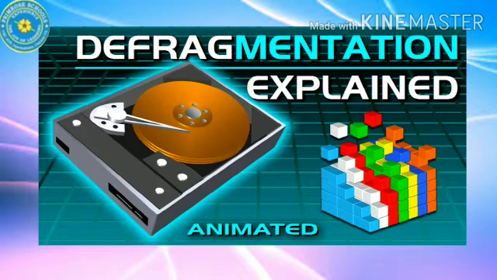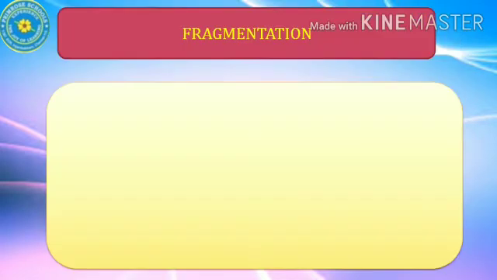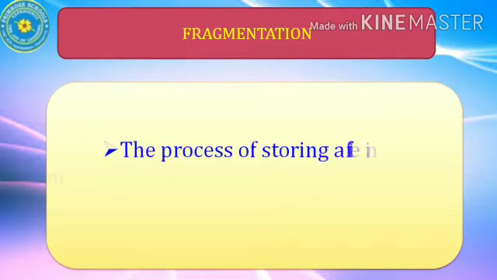Next, let us take a look at the defragmentation. Before going into defragmentation, we need to know what is fragmentation. Fragment means a section or a part. So where do we use this fragmentation? We use this fragmentation in memory location.